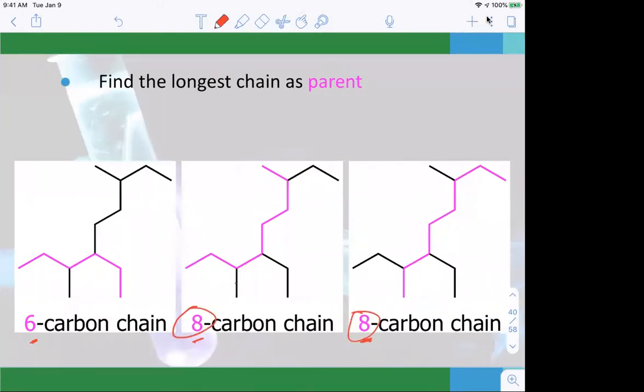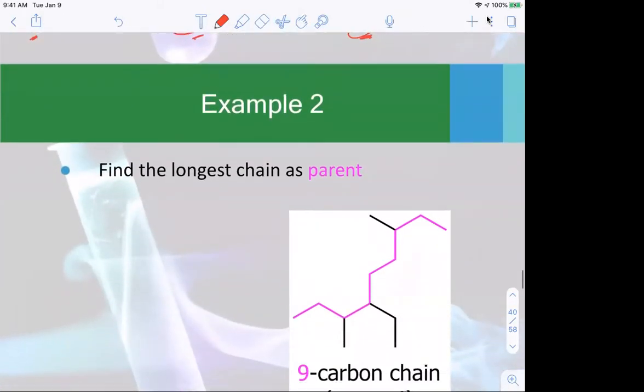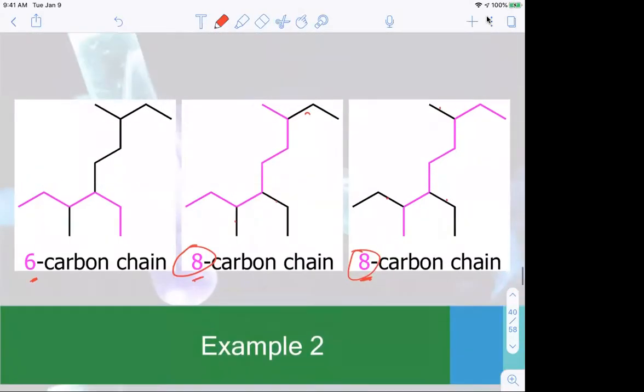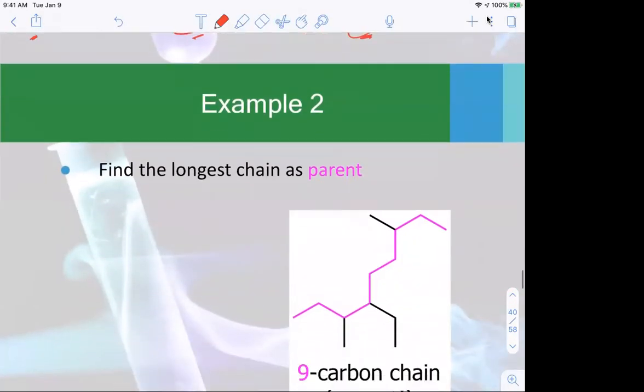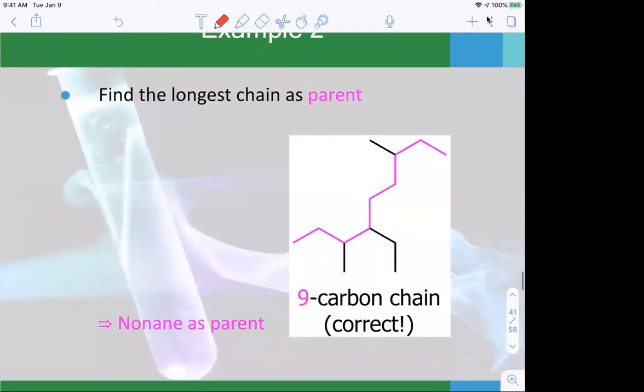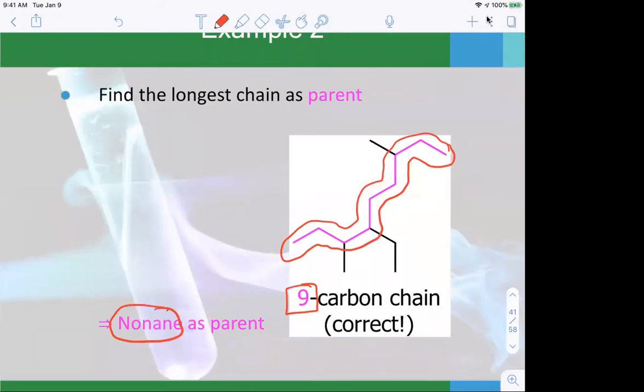Here I have 1, 2, 3 substituents. Here I have 1, 2, 3 substituents. So what do I do? Well, that's not the longest carbon chain, because if I look at this one, that's my longest carbon chain, which is a 9 carbon, so I know nonane is my parent.